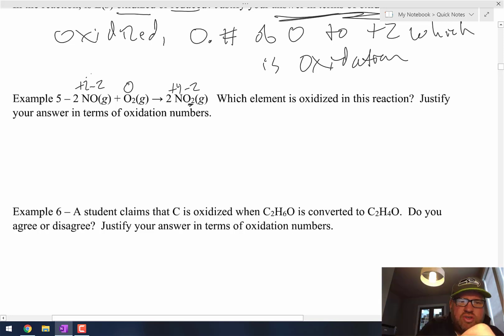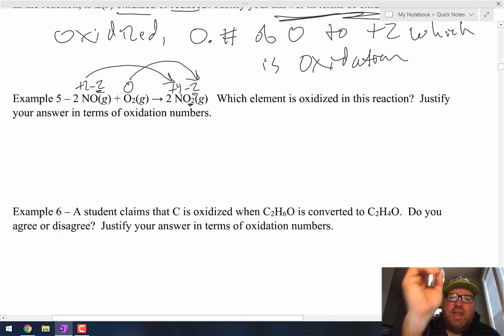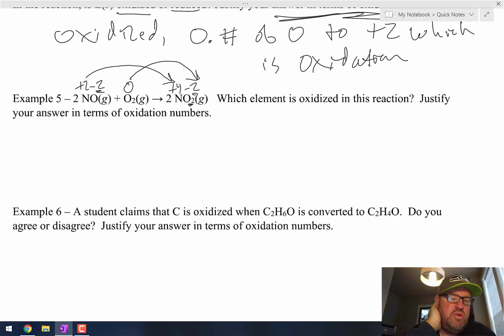So nitrogen is going from +2 to +4. And this oxygen is still staying the same, but this oxygen is going from 0 to -2. So which number is being reduced? You're going from a +2 to a +4. Nope, that number's increasing. You're going from a 0 to a -2. Oh, that is reduction.